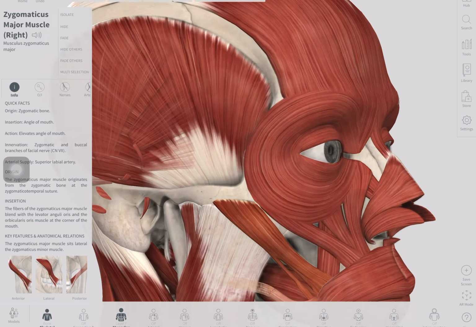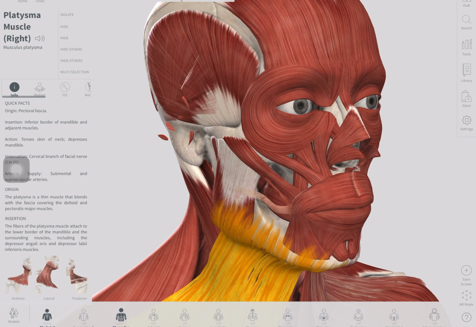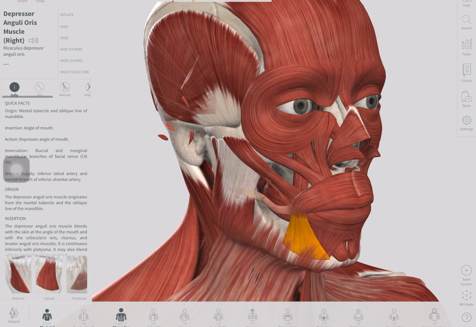Now this is a bit of a dead giveaway in terms of its name, because think what it's saying. It's depressor, so it's pulling down. The anguli oris refers to the angle of the mouth. So you can see it there, and of course it's bilateral, it's on both sides. So that is the depressor.